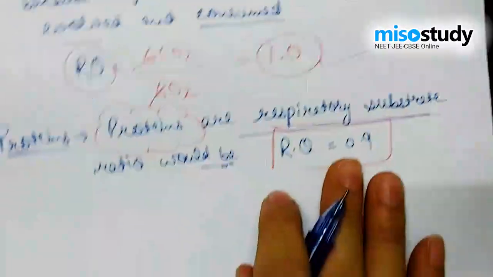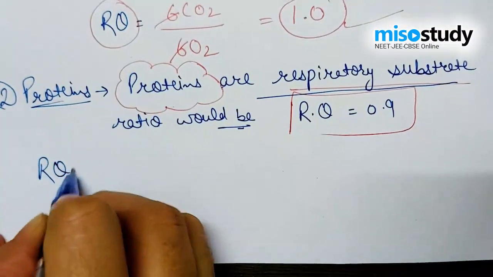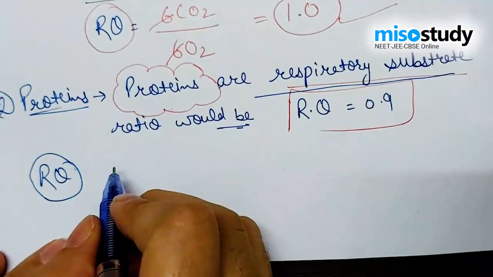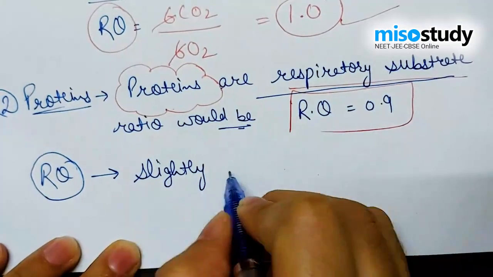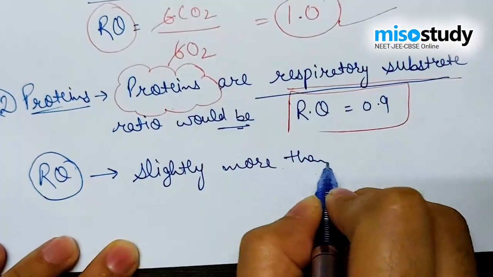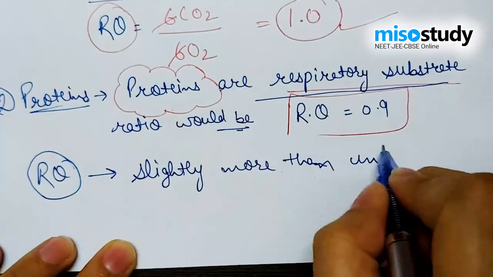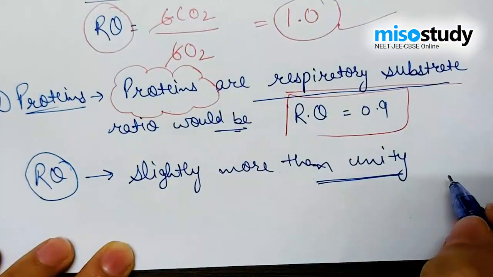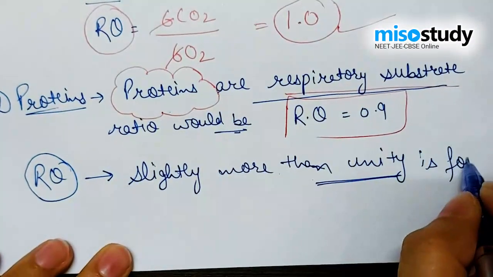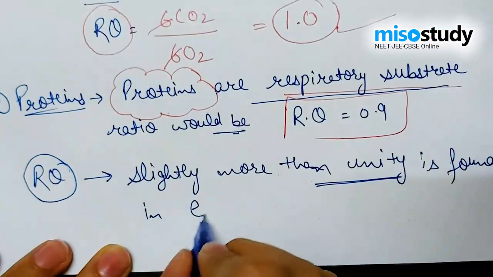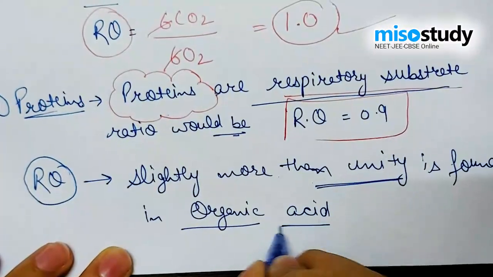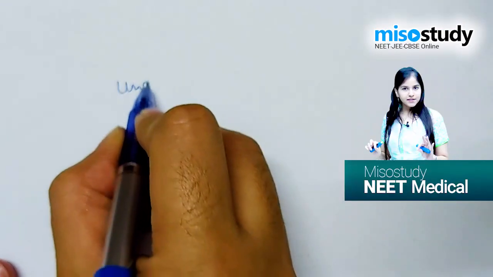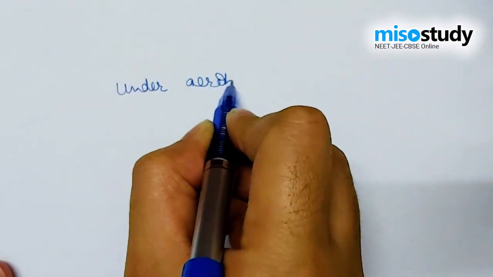Next, the respiratory quotient is slightly more than unity when the respiratory substrate is an organic acid, because it works under aerobic conditions.